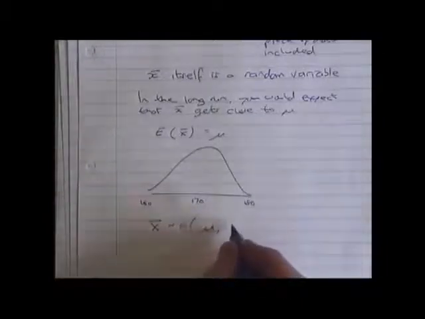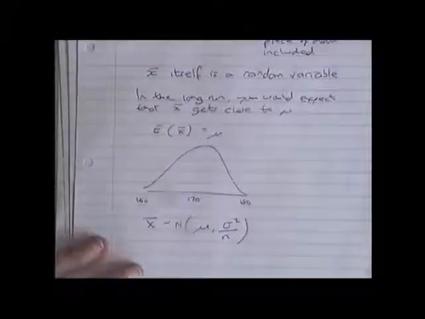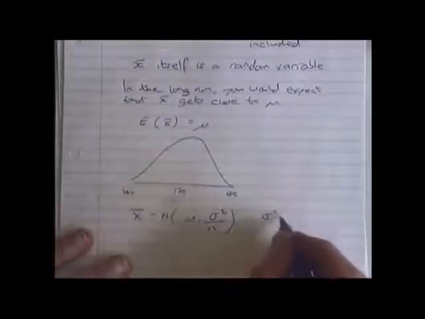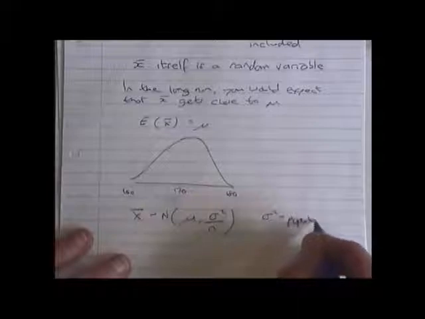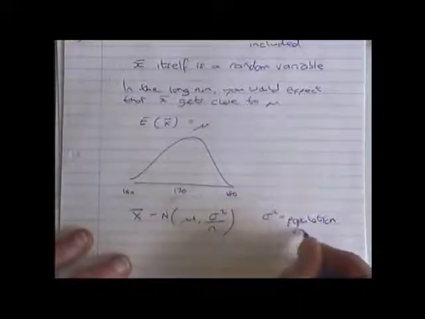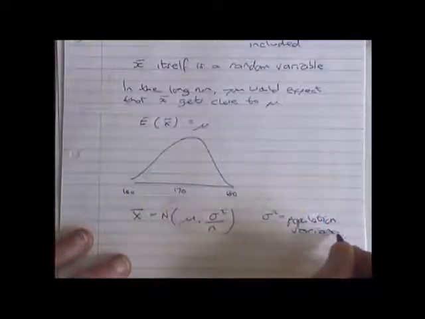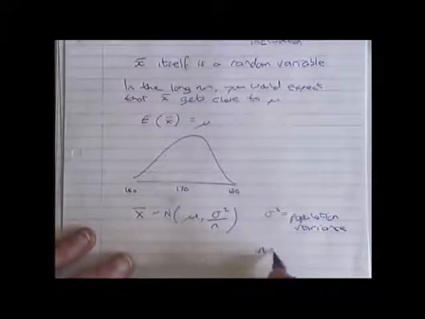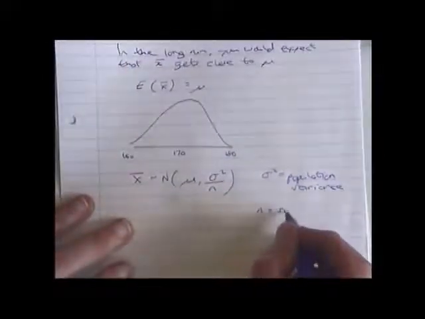The variance of x bar is sigma squared over n, where sigma squared there is the population variance, which you wouldn't normally know in practice, and n is the size of the sample.